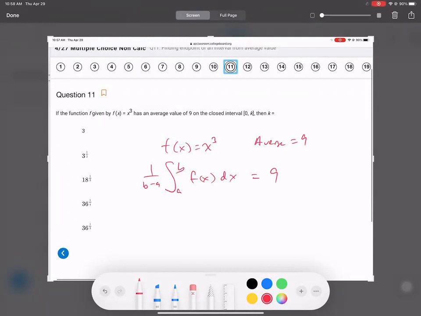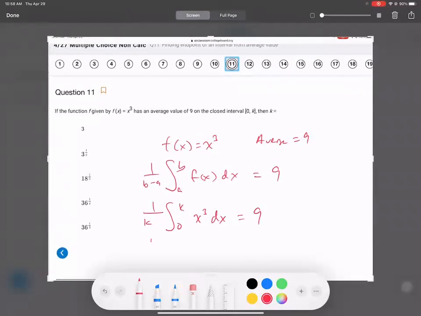All right, let's fill this out. So 1 over k minus 0, which is just k, times the integral from 0 to k of f of x, which is x cubed, dx is equal to 9. We can go ahead and manually solve this. I'm going to move k to the other side, so this is 9k.